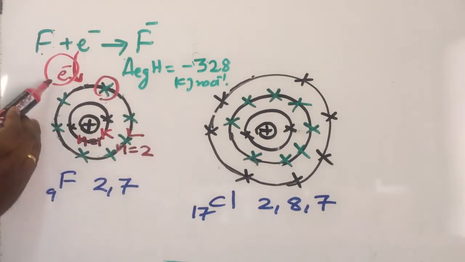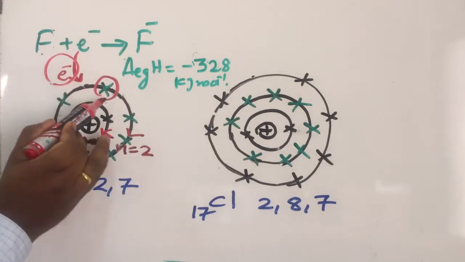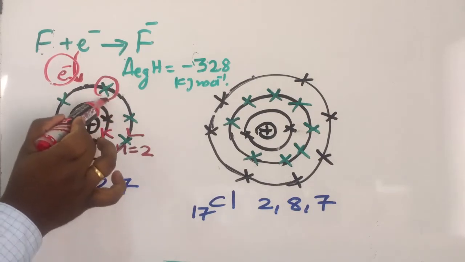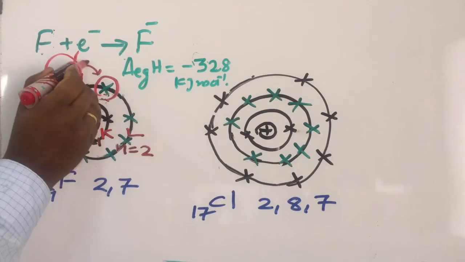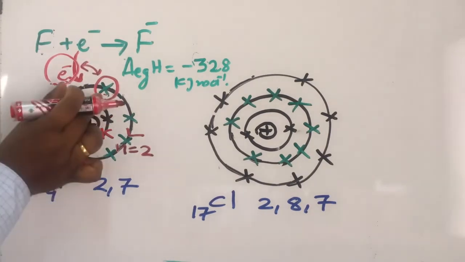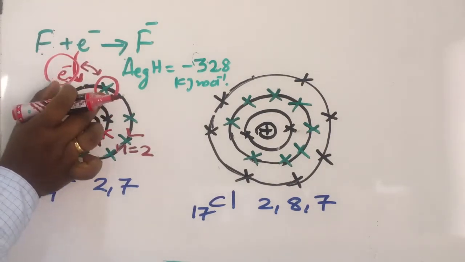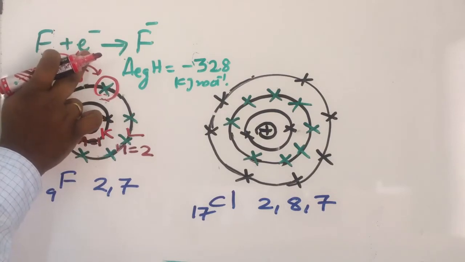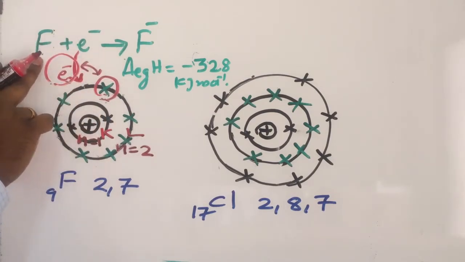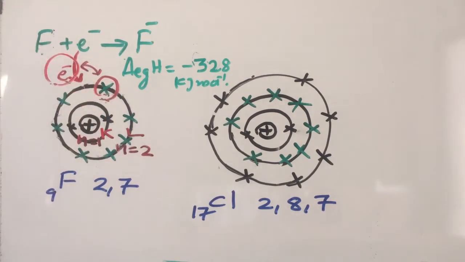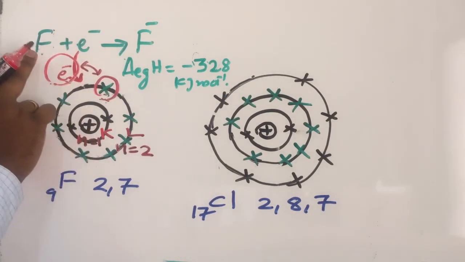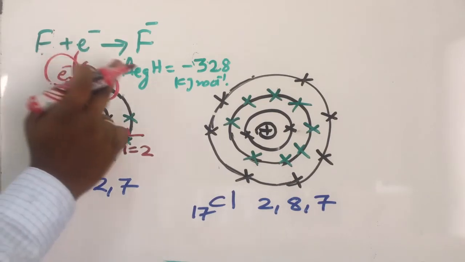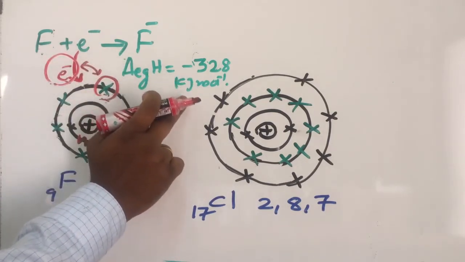The adding electron and the existing electrons in the L shell both make a repulsion. Due to this repulsion, addition of an electron to fluorine becomes difficult. So due to the difficulty, only a small amount of energy will be released here.